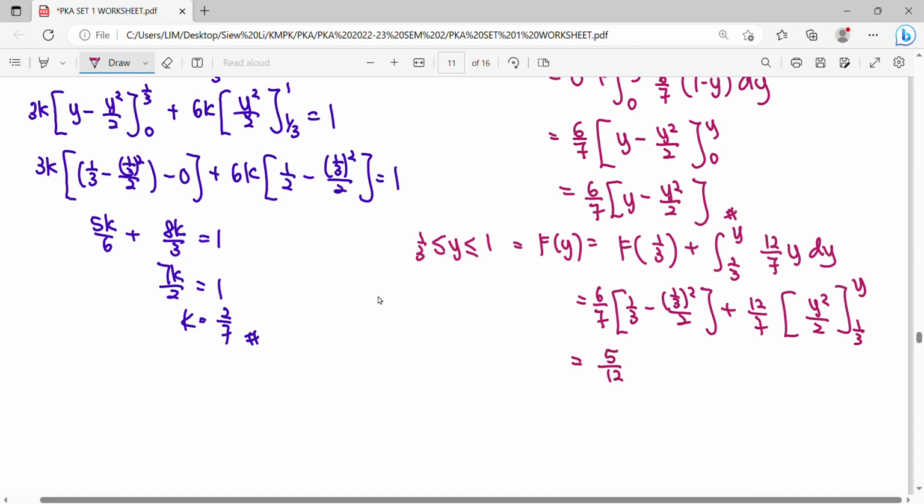So figure out this. Over 12, is it? Over 15, plus y squared over 2 minus lower limit.